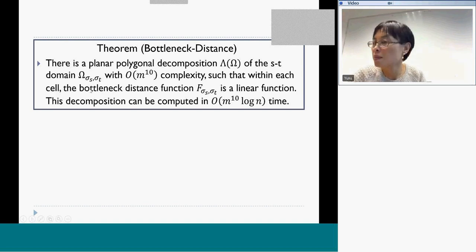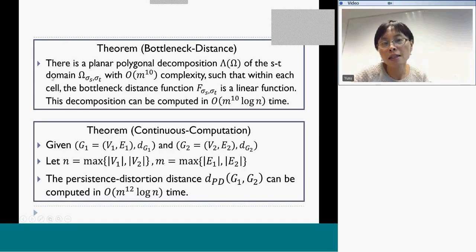Within each cell of this decomposition, the bottleneck distance function f that we aim to compute has a simple description: it's just a linear function. The decomposition as well as the description of f can also be computed in m to the 10 log n time. I'm skipping all the details here, but this is basically the main part.